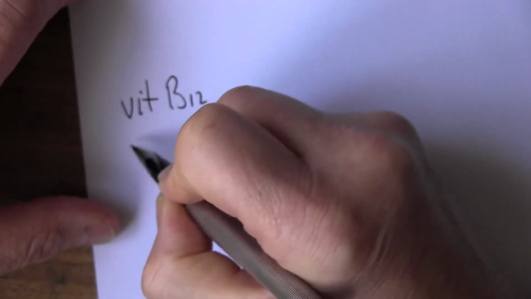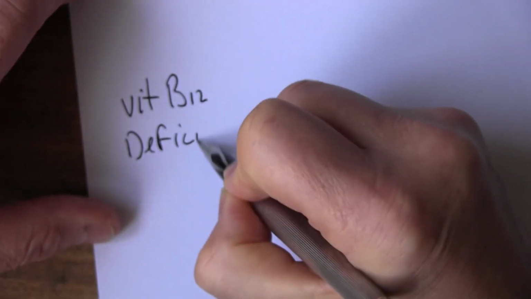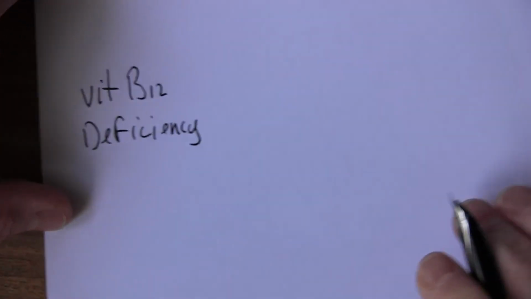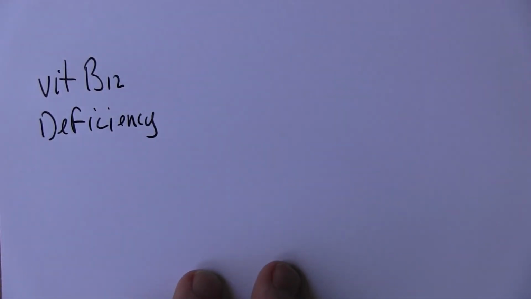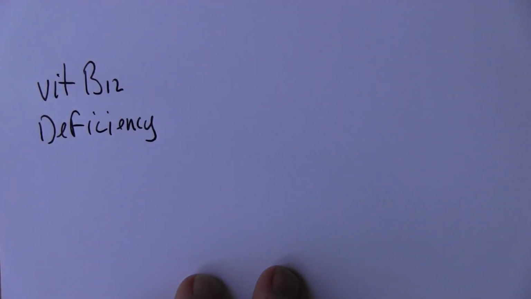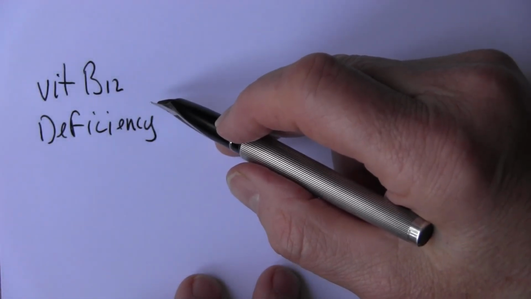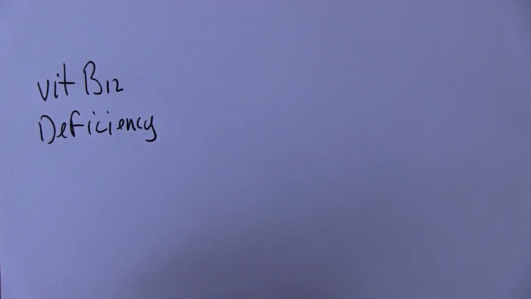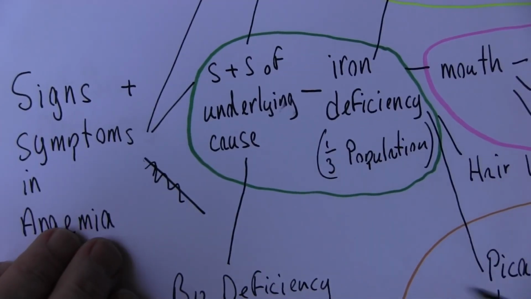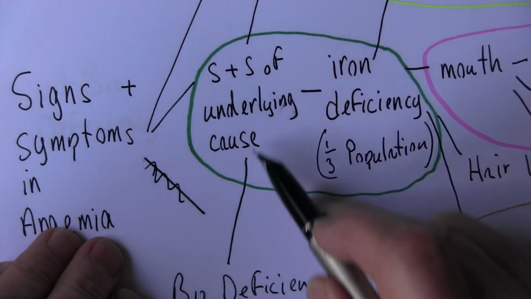So what might we see in B12 deficiency? Vitamin B12 deficiency. Well, we know that vitamin B12 is essential for the formation of the red blood cells, but we're not looking at that in this particular video because we're looking at the signs and symptoms of the underlying cause.